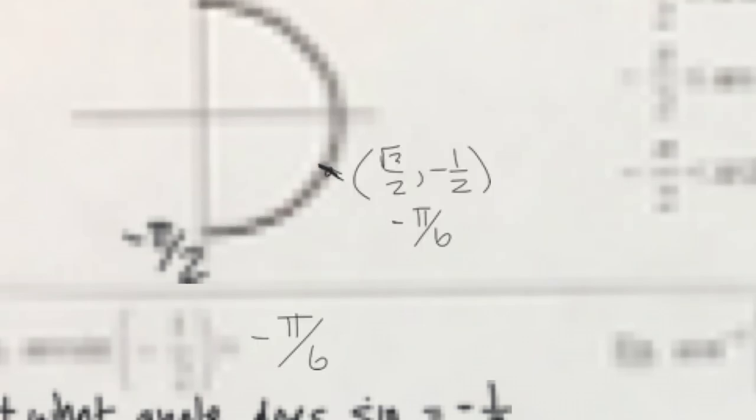So what is the angle on our unit circle where sine equals negative 1/2? Hopefully you memorized your unit circle, but that happens right here, where the cosine is root 3 over 2 and the sine is negative 1/2. And that happens at negative pi over 6. So the answer to arc sine of negative 1/2 is negative pi over 6.